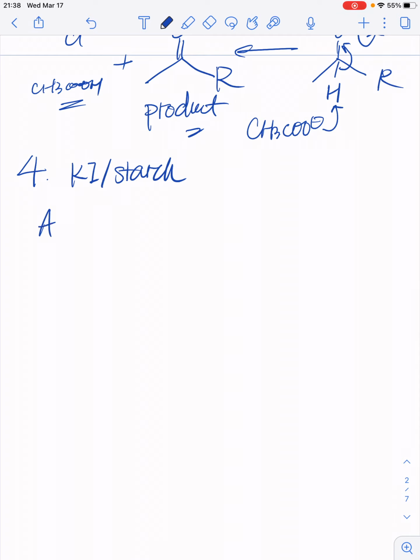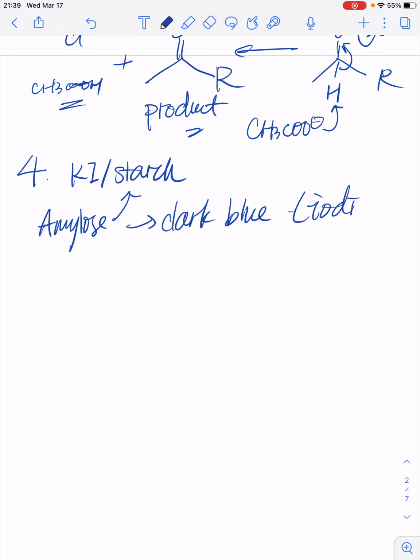There is a saccharide called amylose in starch that will change into a dark blue color or purple color when encountered with iodine or triiodide.